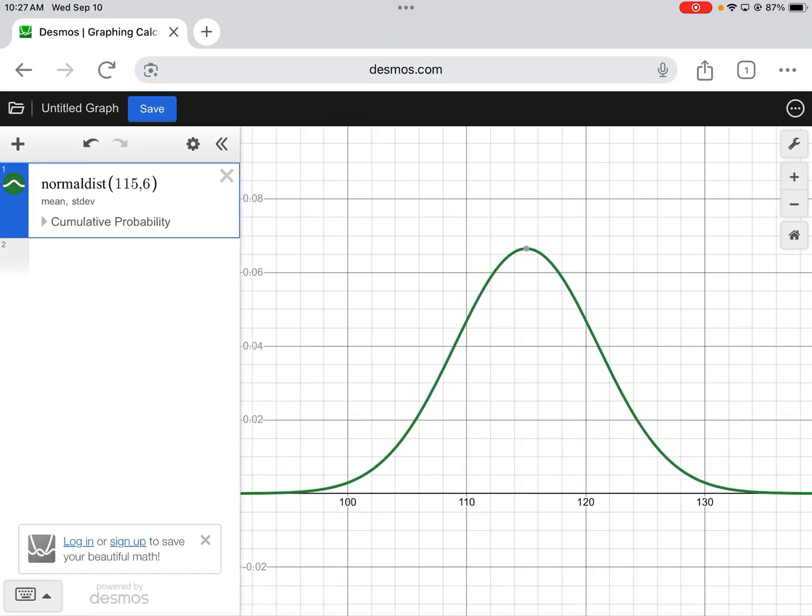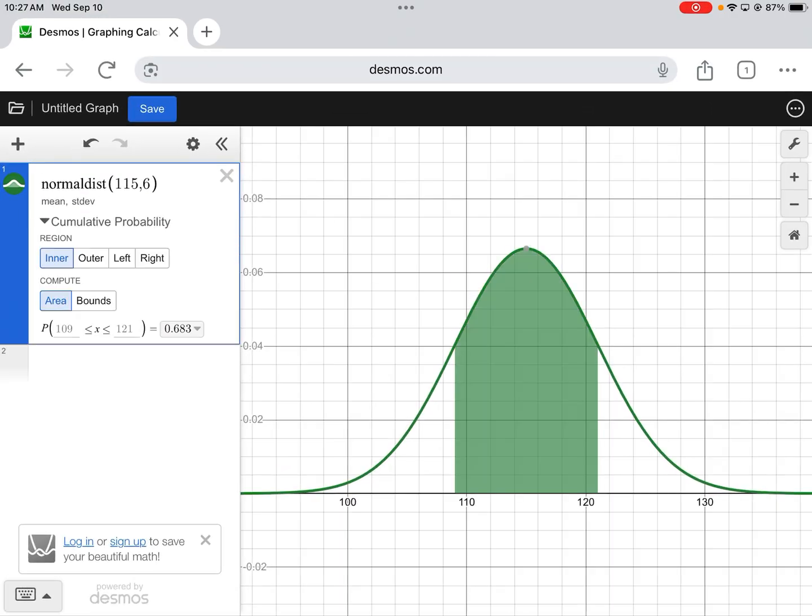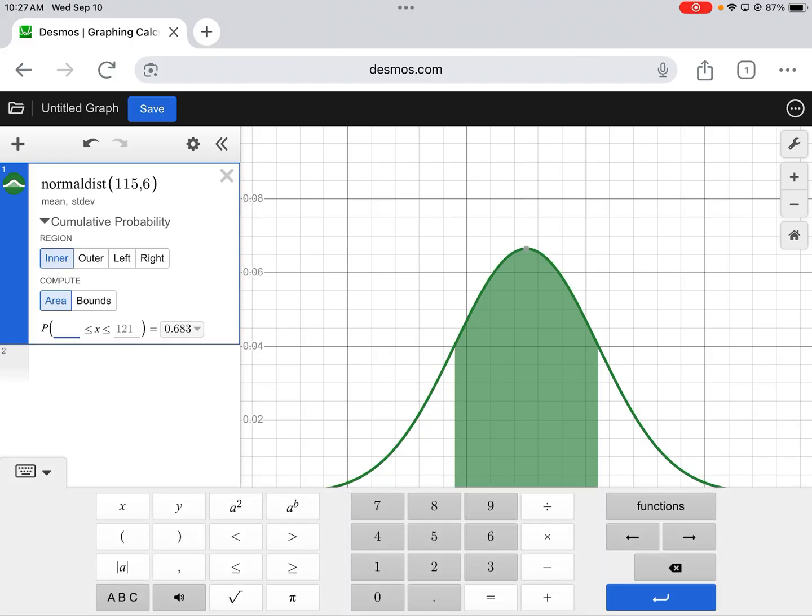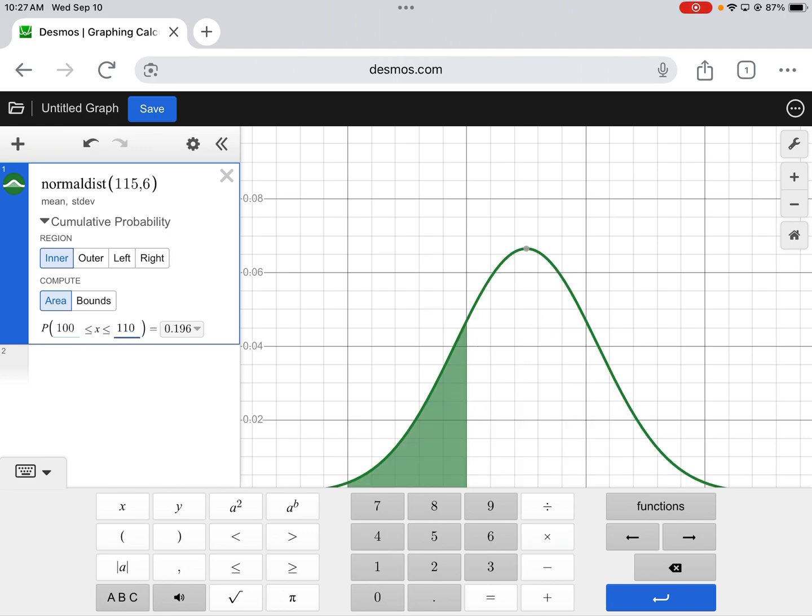Make this not so large. Okay, there we go. And then hit cumulative probability. We still want inner, but instead of changing these and writing these in as z-scores, we can just put in the 100 and the 110. Isn't technology great?